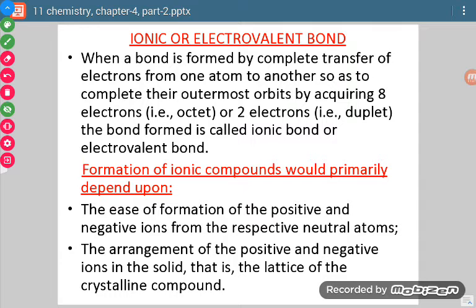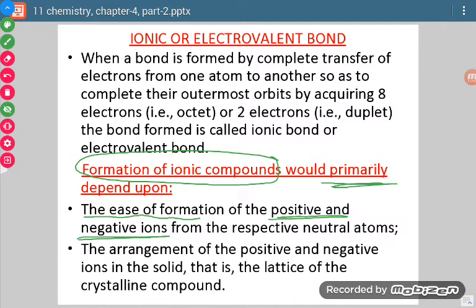Now when we are saying that ionic compounds are formed, on what things will it depend? First of all, how we are getting positive ion and negative ion. So their formation should be thought of first, that how easily they can be formed from their neutral atoms.